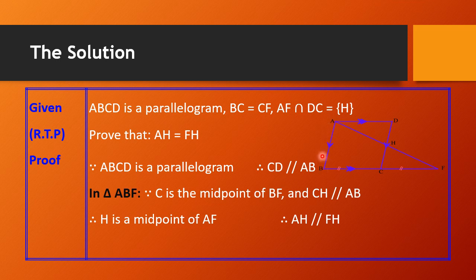In the triangle ABF, the biggest triangle, since C is a midpoint of BF and CH is parallel to AB, then H is a midpoint of AF, then AH equals FH.